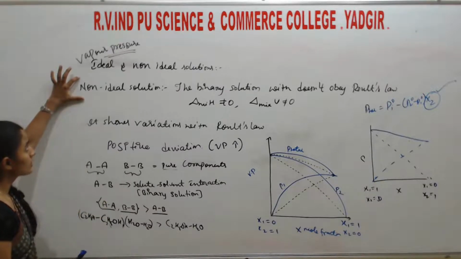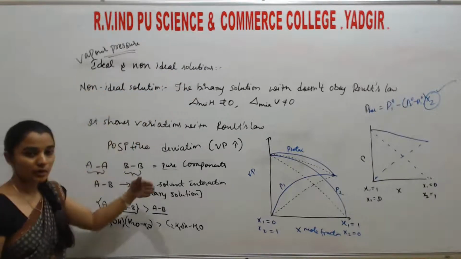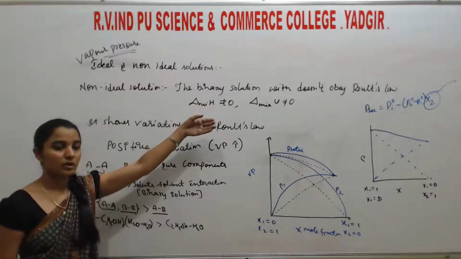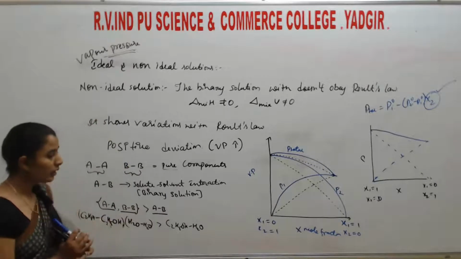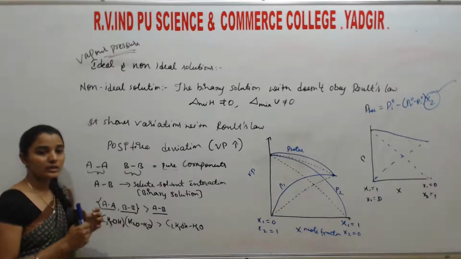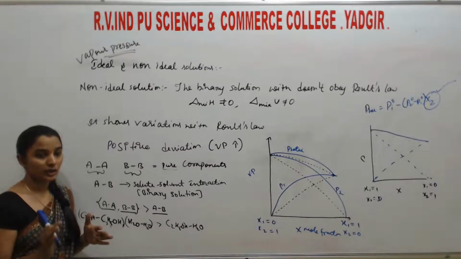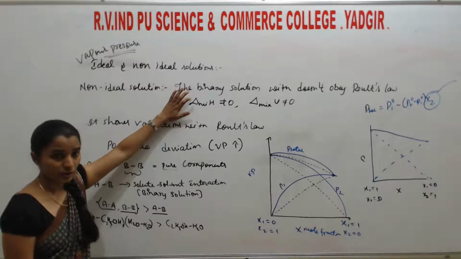So, in liquid solutions, ideal and non-ideal solutions are there. Ideal means it obeys Raoult's law, and its delta mixing values are equal to 0: the change in volume and the change in enthalpy are equal to 0. So there the solvent-solvent and solute-solute interactions are equal to the solvent-solute interaction. Okay, in a non-ideal solution, what happens?